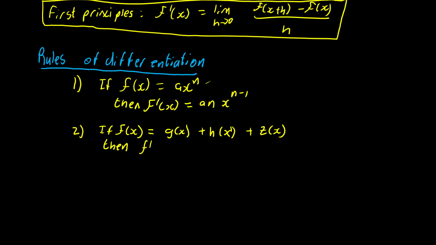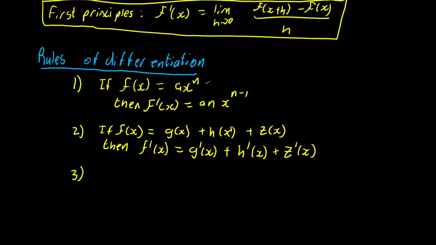So if you want to find the derivative of f of x, you take the derivative of the first term, add it to the derivative of the second term, and then add it to the derivative of the third term, and so it continues.